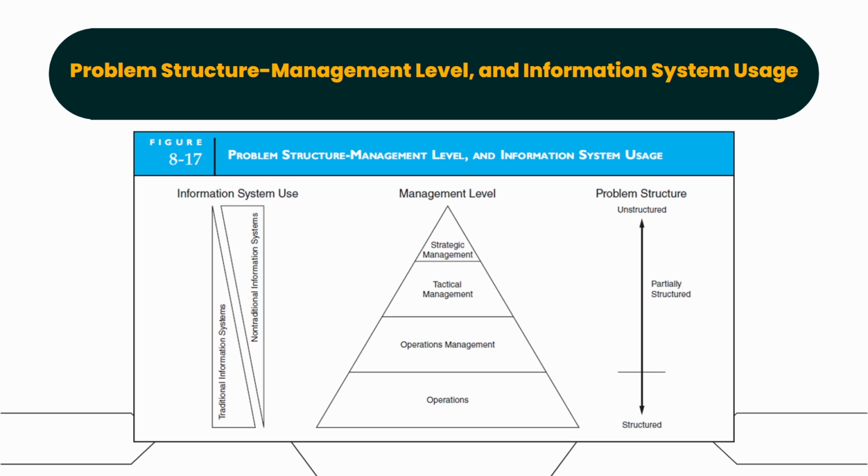Based on the illustration, the top management level uses a non-traditional information system, and its problem structure is unstructured. The middle management level uses both traditional and non-traditional information systems and is partially structured, while the bottom management level uses a traditional information system and it is structured.